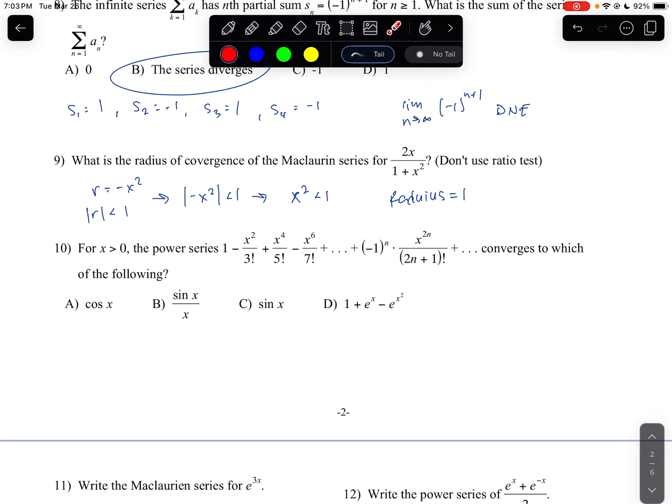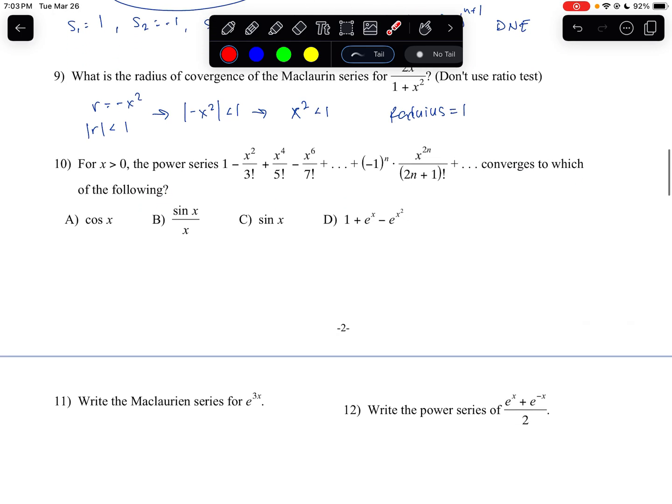Okay, for x greater than 0, the power series, as stated here, converges to which of the following? So this is referring to some common Maclaurin series. They're in 10.2.